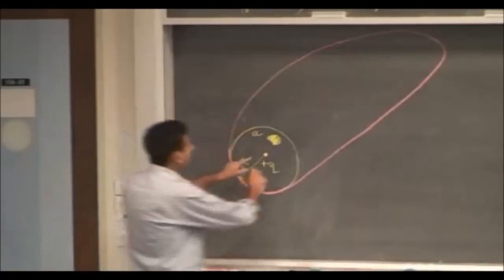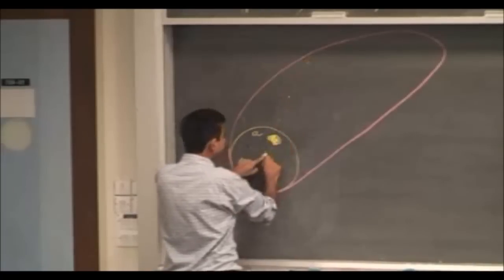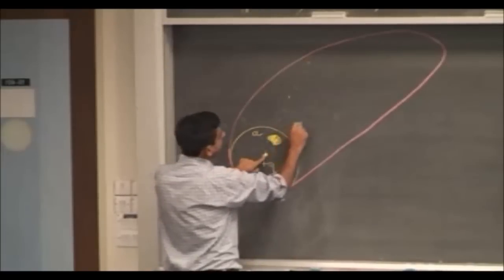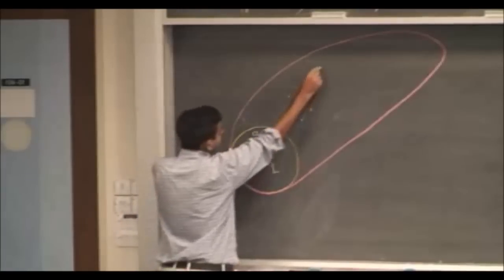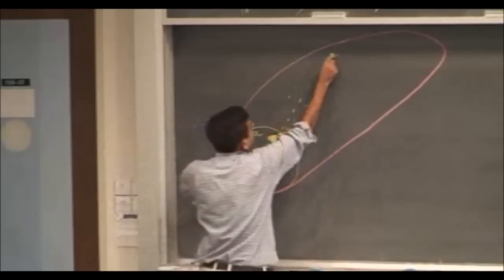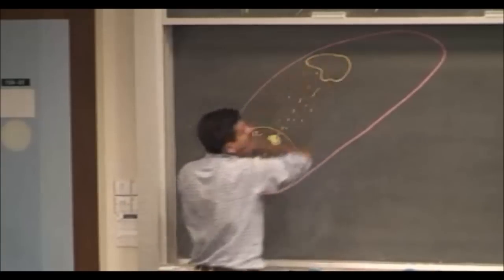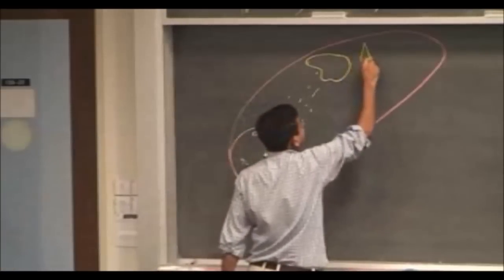So what will that shadow look like? I just connect the perimeter of the edges of this patch to the source, and I will get some area here. Let's call this area capital A.